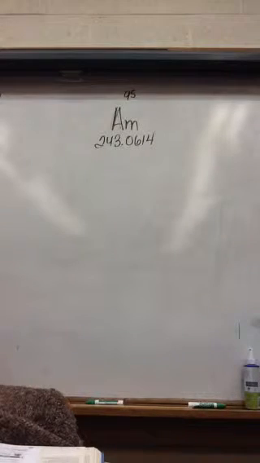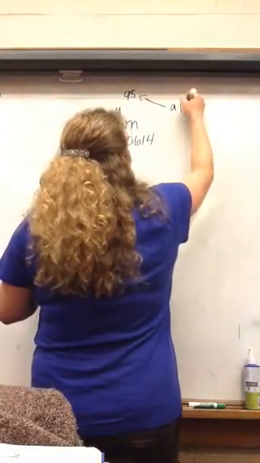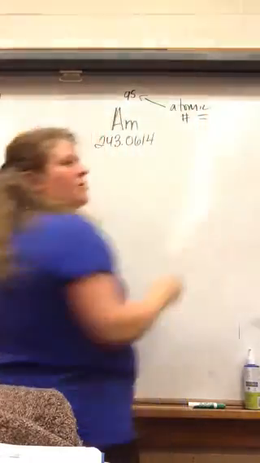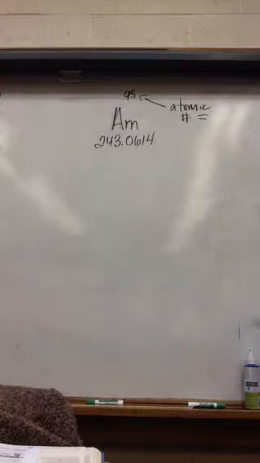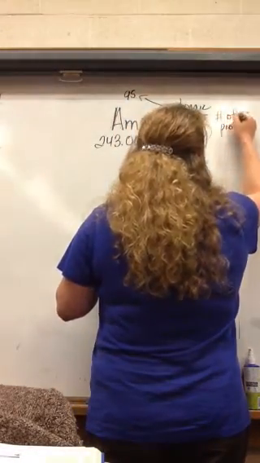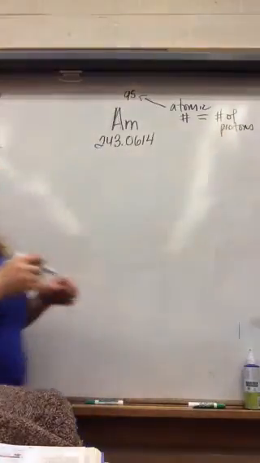So we're going to dissect this. The number on top is the what? The atomic number. So the atomic number is also equal to what? Number of protons. So atomic number is equal to the number of protons.